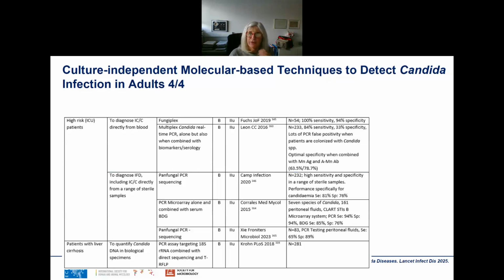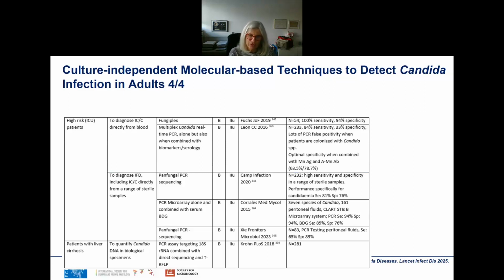In addition, what we can learn from a study done by Lyon in 2016, as given here, is that there might be a lot of PCR false positivity when patients are colonized with Candida. Hence, these authors recommend a combination with biomarkers.